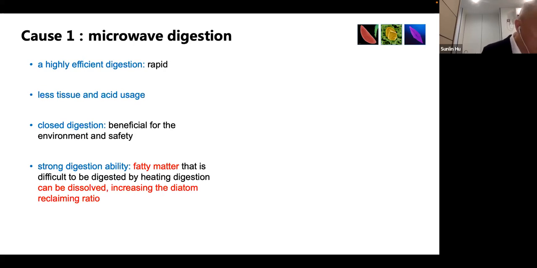One of its important advantages is strong digestion ability. Fatty matter in tissues of liver, kidneys, and bone marrow is difficult to digest by conventional methods. However, it can be dissolved completely, which enables more diatoms to be harvested.